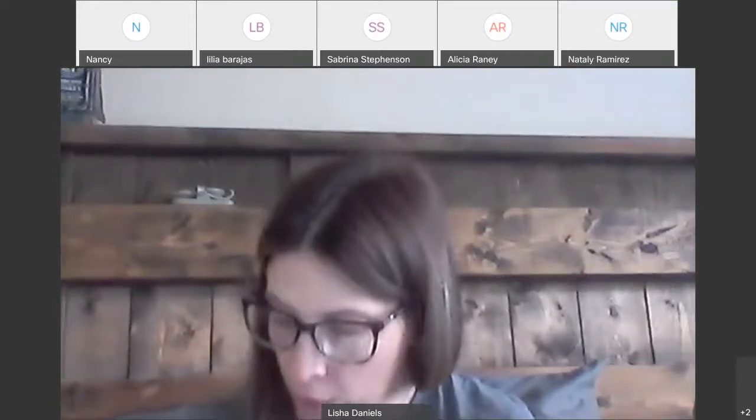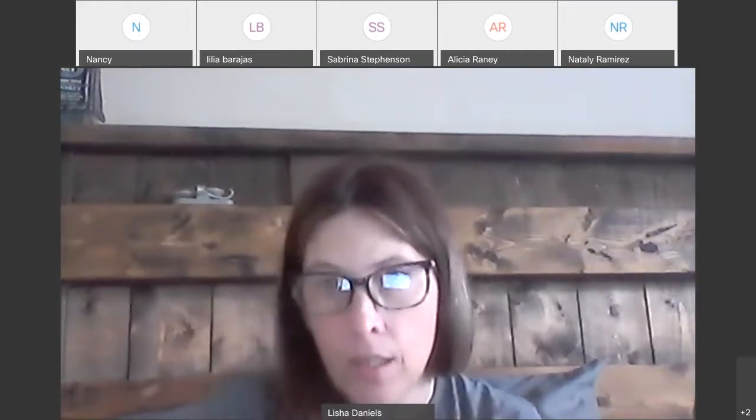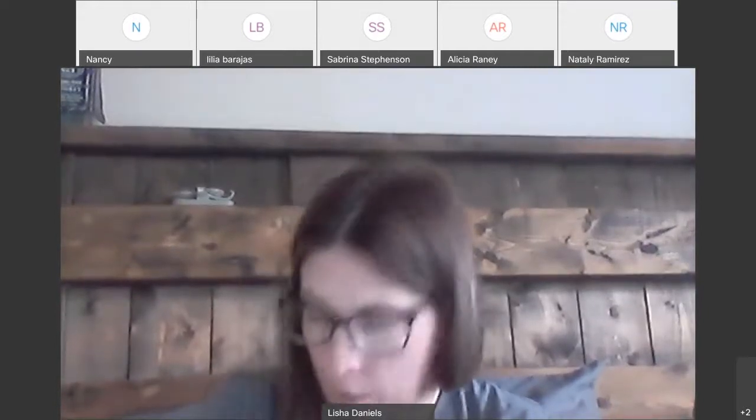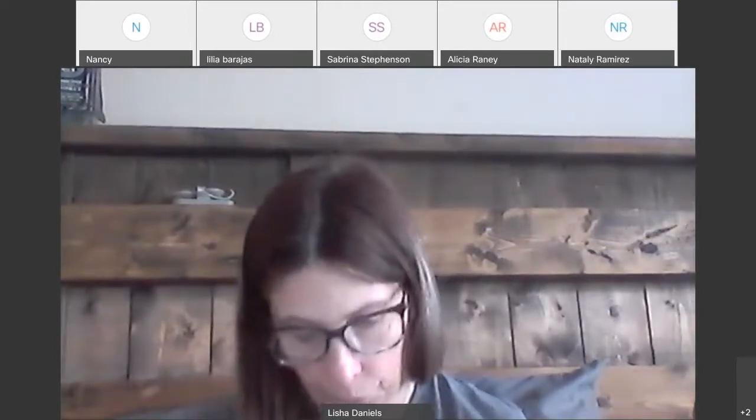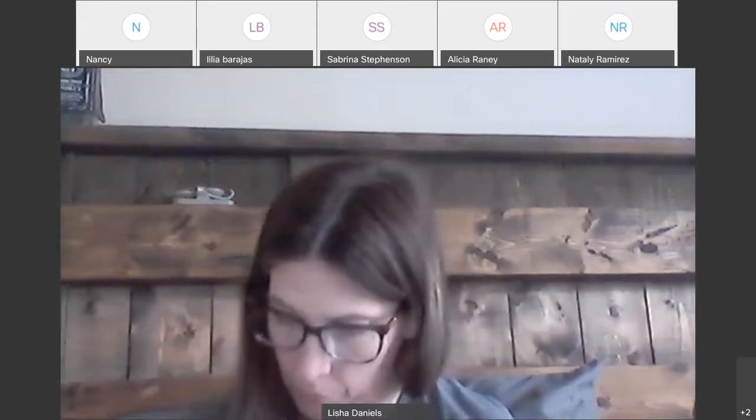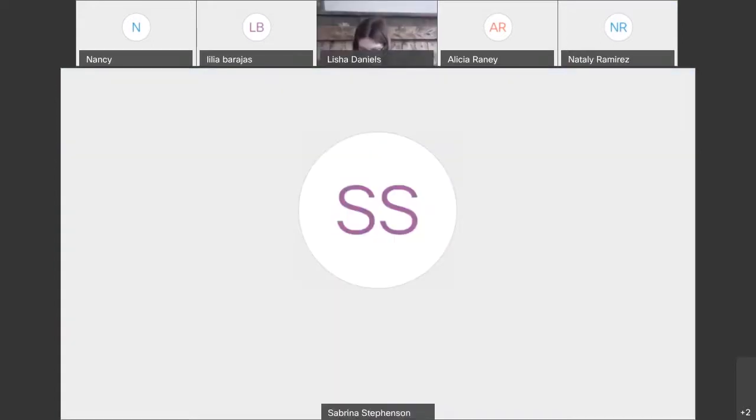Evaluation of results. Sabrina, are you where you can read the first paragraph? Yes. To evaluate the spirometry test results fully, certain demographic factors must be taken into consideration, including the patient's age, sex, weight, and height. These demographic factors are used to calculate the predicted values, which is what the results should be for a patient with healthy lungs.